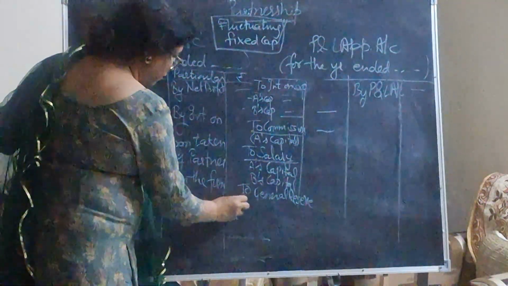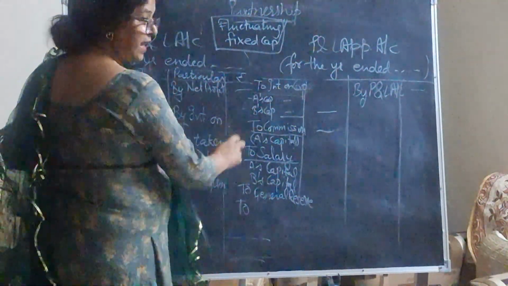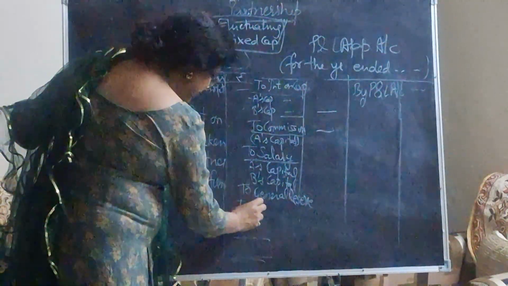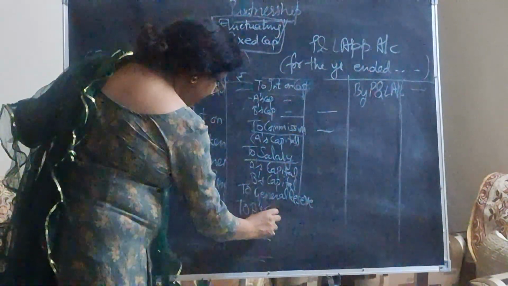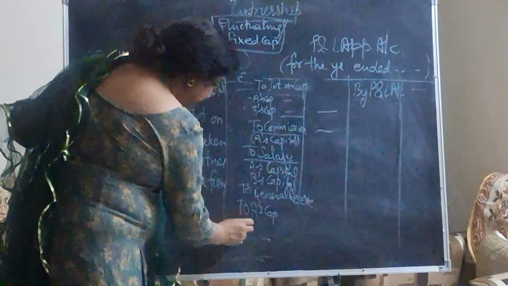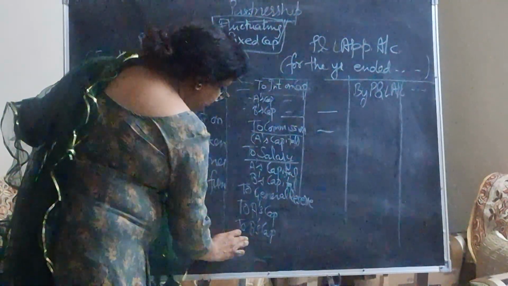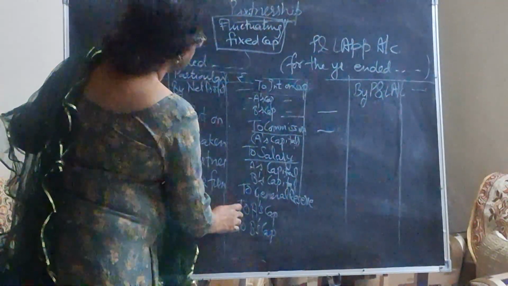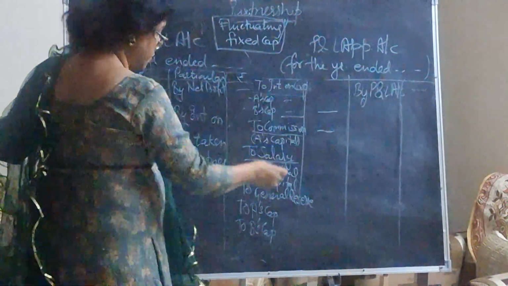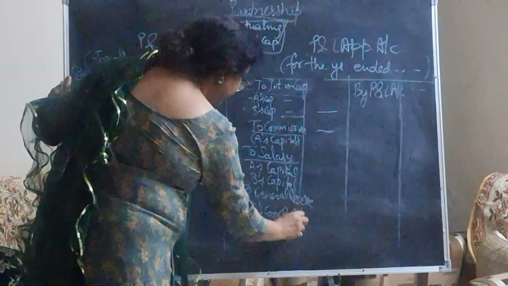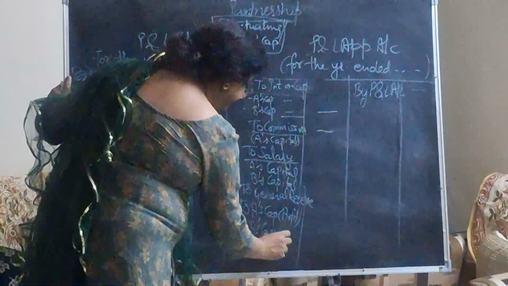The rest will be the profit of partners A and B. We will not write profit; we'll write to A's capital and then to B's capital, because it directly goes into the accounts of partners A and B through profit and loss appropriation. Here in the bracket we will write profit.